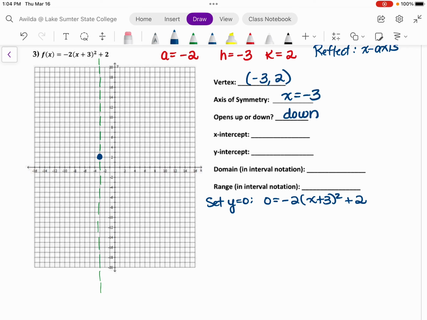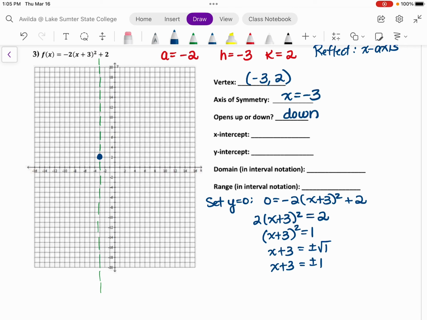We can add the first term to both sides to get 2 times x plus 3 quantity squared equals 2. Then divide both sides by 2 to get that x plus 3 quantity squared is equal to 1. Using the square root property, we find that x plus 3 must equal plus or minus the square root of 1, or x plus 3 is equal to plus or minus 1.